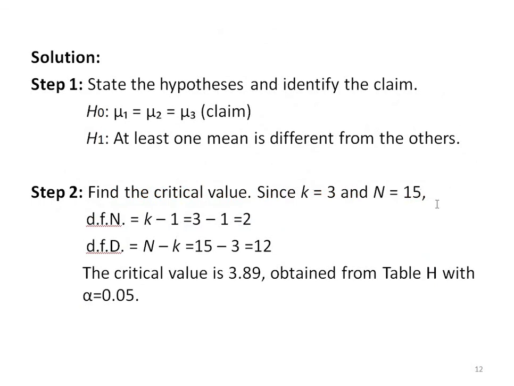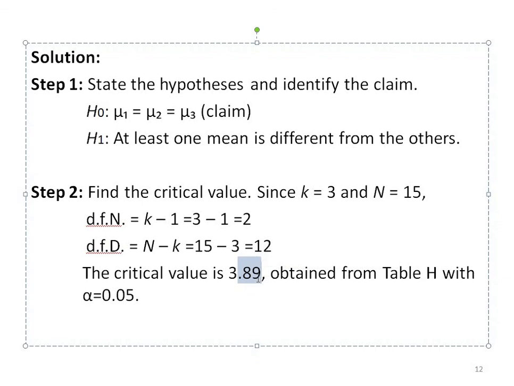So N equal to 15. Then next we have to find the degrees of freedom. So K minus 1 equal to 2, N minus K equal to 12. Therefore, we can get the critical value 3.89.